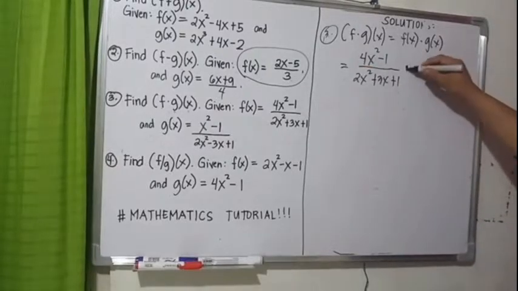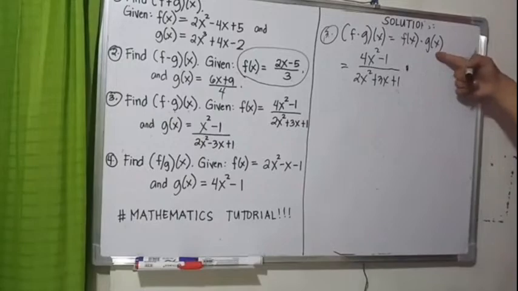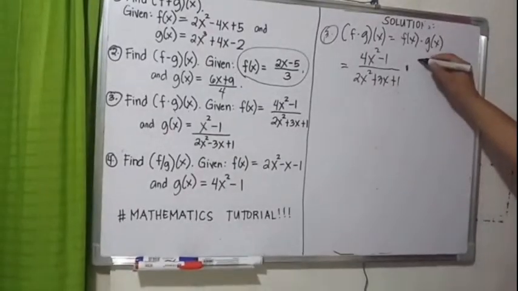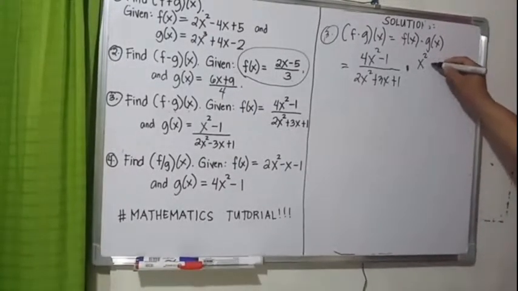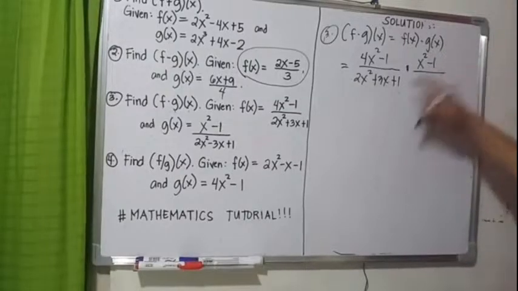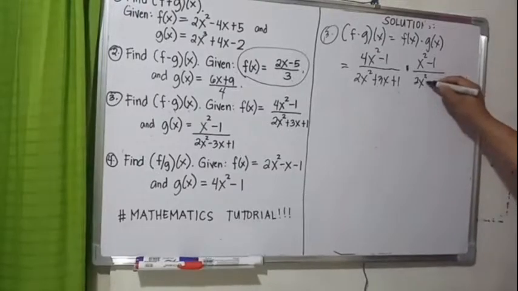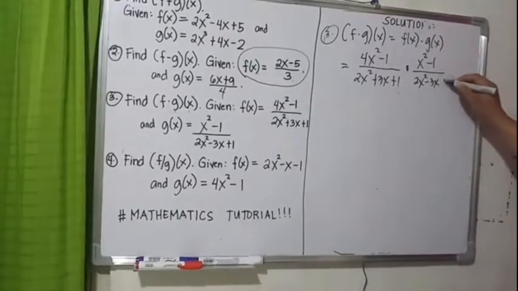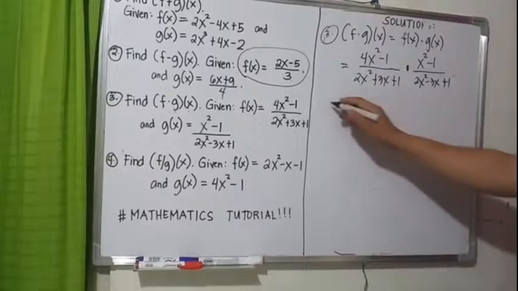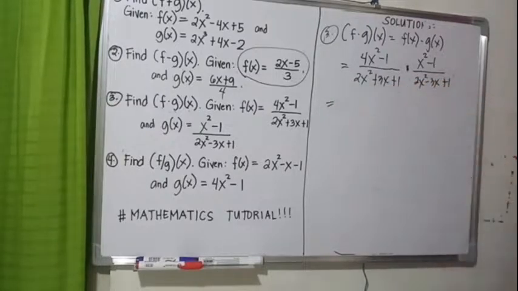So times value ng g of x, that is x squared minus 1 over 2x squared minus 3x plus 1. So how to find the product out of this given functions? Sige, what is your answer? Tingnan natin.